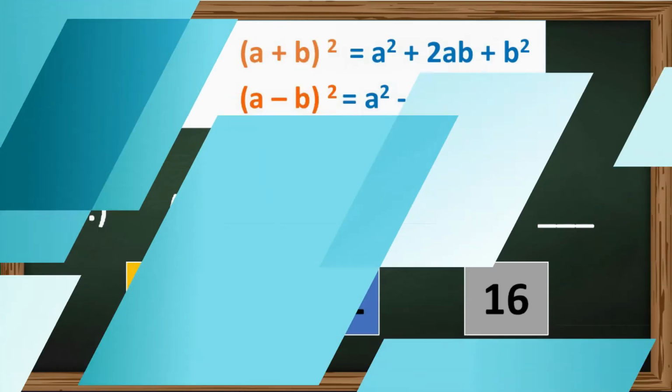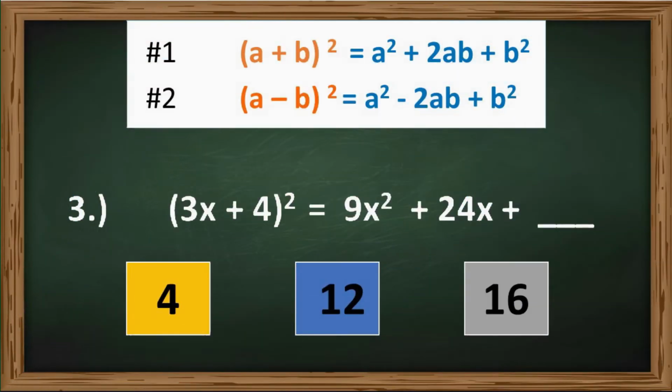Lastly, quantity 3x plus 4 squared is equal to 9x squared plus 24x plus blank. What do you think will be our last term? 16. Perfect!